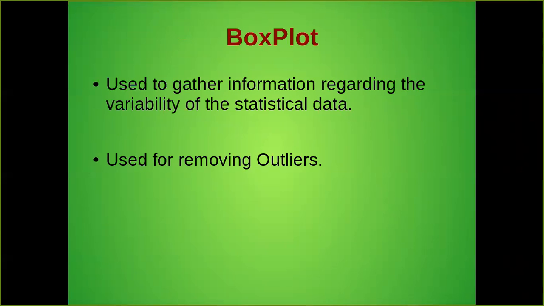Now we first have to see the outliers in the data, and we can use a box plot for it. So what is a box plot? A box plot provides information about the variability of the statistical data that we have. What are outliers? Outliers are the observations that are distant from the close observations.